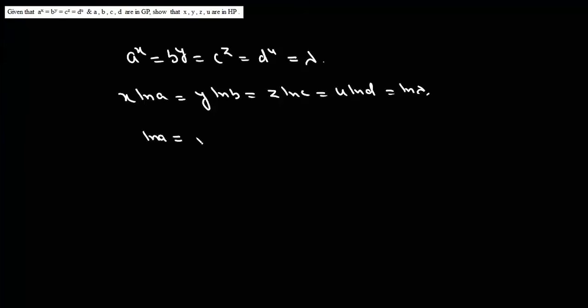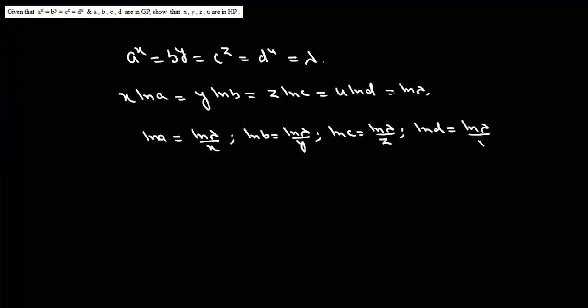Or log a equals log lambda upon x, log b equals log lambda upon y, log c equals log lambda upon z, and log d equals log lambda upon u. Now in the question it says a, b, c, d are in GP.